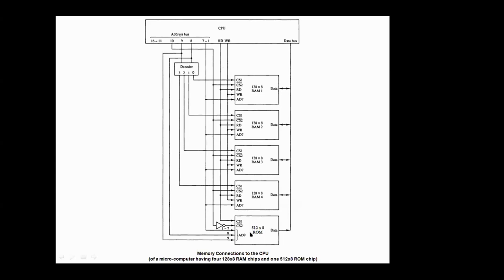Okay. Now, since there are 4 RAM chips, if a CPU gives some address, how will we come to know which RAM address it is talking of?